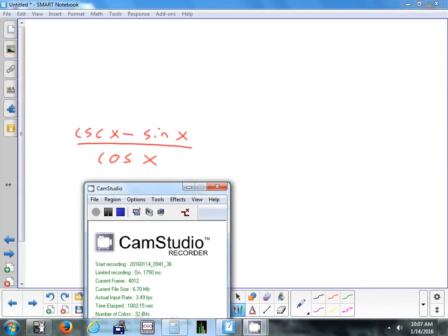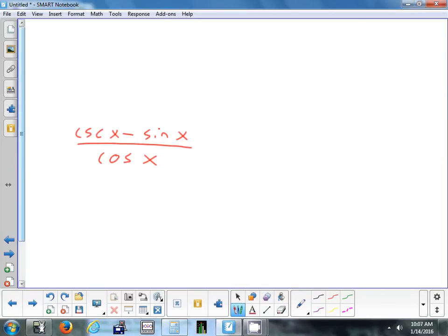Okay, so here's a problem where they don't tell us what's on the right-hand side. We are just simplifying this identity, versus the other type, when you know what's on the left and right to start, that's verifying. All right, so let's just go through and see what happens. First thing I would try is change everything to sines and cosines, and see what happens.